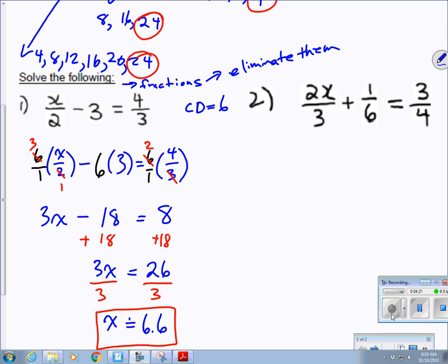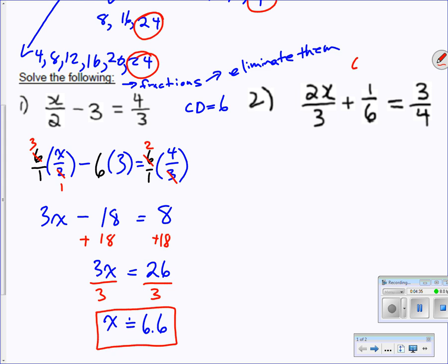Now, let's do the same thing again for the second problem. The second problem is 2x over 3 plus 1 over 6 equals 3 over 4. The common denominator in this case is going to be 12, because 12 can be divided by 3, 6, and 4. So now we'll do the same procedure as before.